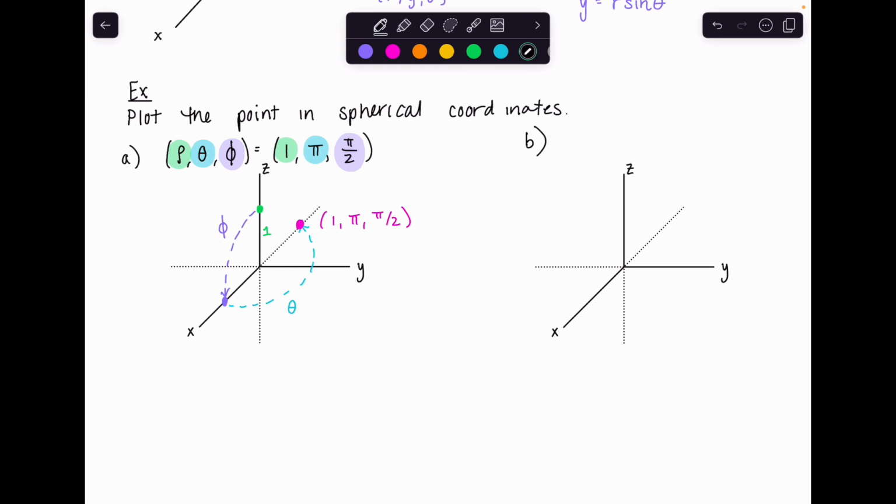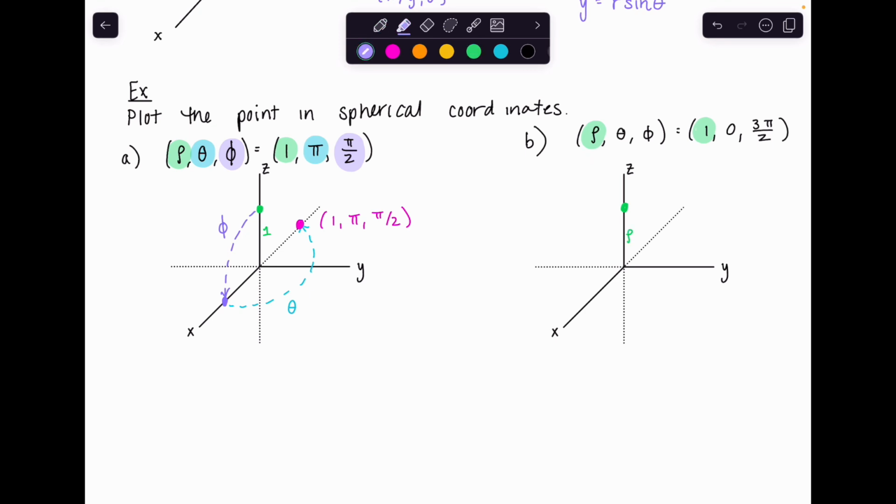So let's try one more. We've got rho, theta, phi, and the coordinates for this are going to be 1, 0, 3 pi over 2. So again, I'm going to start by plotting rho, and so I'm going to go out a distance of 1 from the origin up to the positive z-axis. So that gives me a distance of 1.